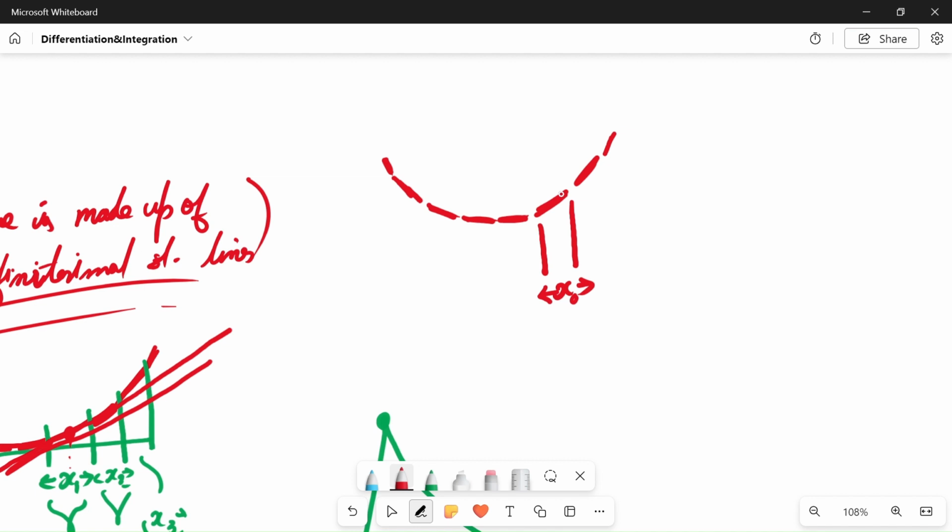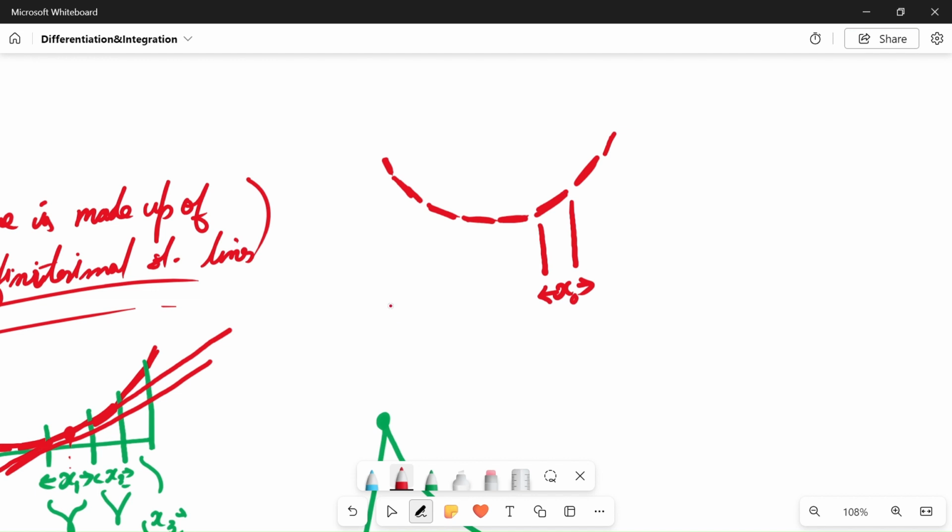If you have studied straight lines, you'll know that you cannot draw a straight line by just having one point, because there are actually infinite lines which can pass through a point.